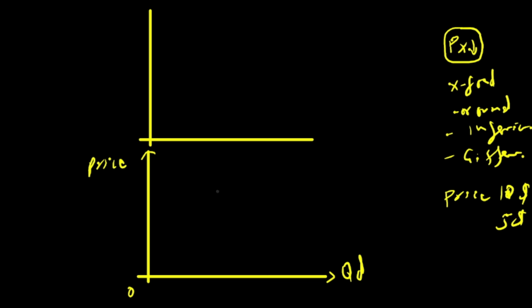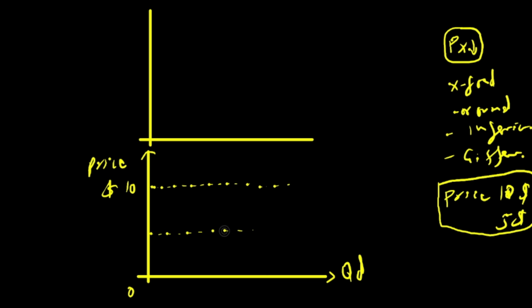Whenever we have to draw a demand curve, we need quantity demanded on the x axis and price on the y axis. As I have already assumed that price falls from $10 to $5, I can plot the $10 price here. So this is the $10 price, and now it falls to $5, so I have decreased it to $5.